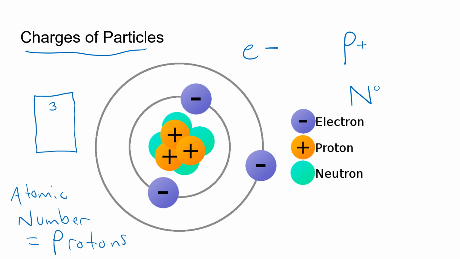For us, we also want to say that it's equal to the number of neutrons and electrons, but a hard rule that we have in science is that protons are always equal to the atomic number. So if you look at your periodic table, what you will find is that this element is in fact lithium. You know that because you have 3 protons and the atomic number is 3, and on the periodic table, number 3 is in fact lithium.